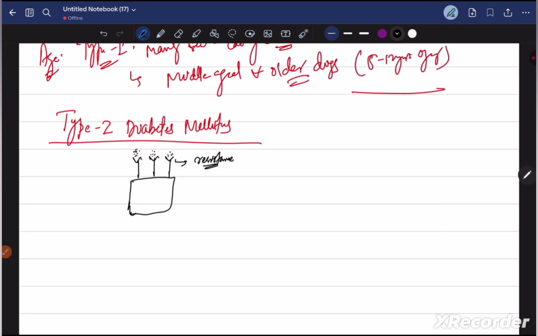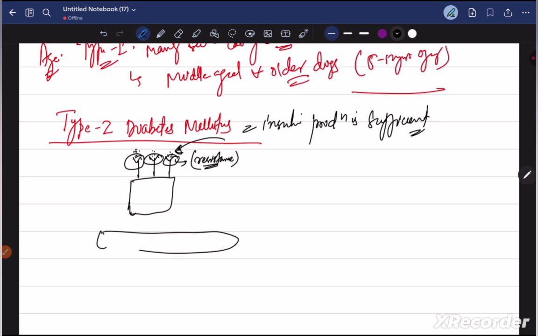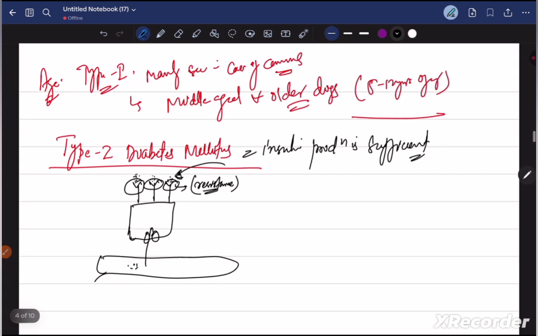In type 2 diabetes mellitus insulin production is sufficient, and the problem lies in these receptors becoming resistant, meaning they do not respond to the stimulus of insulin. When these receptors become resistant, there will be no transport of glucose from the blood, and that will lead to hyperglycemia.